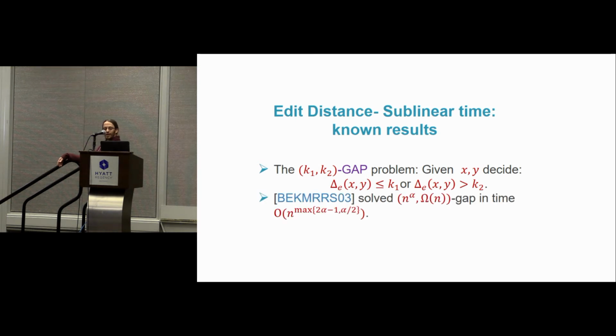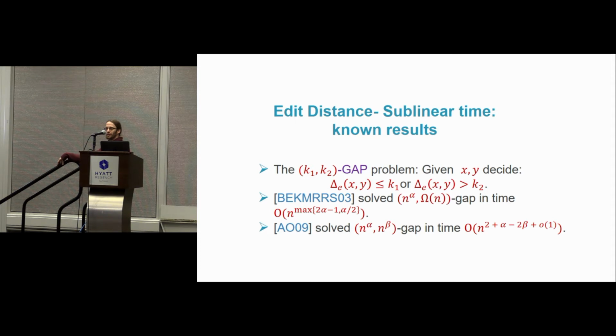What about edit distance? Batu et al. have an algorithm that solves the n to the alpha versus omega of n gap in time which I won't get into, but it is some sublinear time. Then Andoni and Onak gave an algorithm that solves a better gap, and again, I'm not going to get into the exact running time.